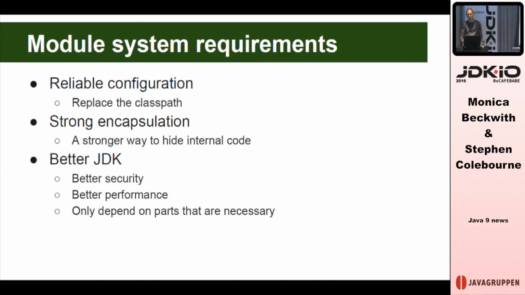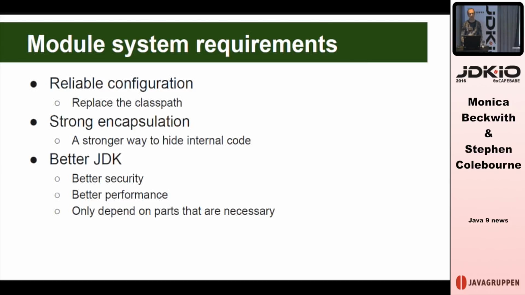And ultimately, the thing is that this will provide a better JDK. Because if the JDK authors can lock away their internal classes, that makes it safer and more secure. And if you know that you have all the classes available when you start the system, you can perform certain optimizations that you can only do when you can see the entirety of the system.